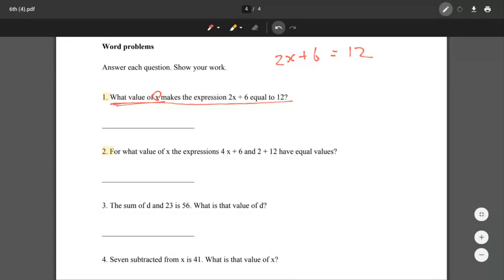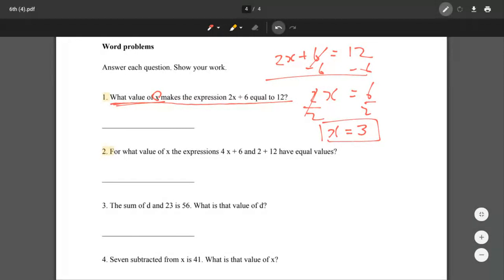And so when we solve for x, we have to subtract 6 on each side, and then you get 2x equals 6, right? And then you divide 2 on each side to isolate the x, and then what you get is x equals 3, and that's your answer, okay?